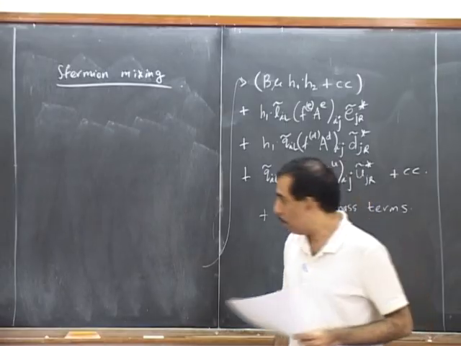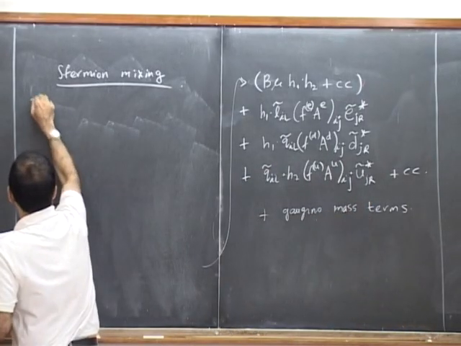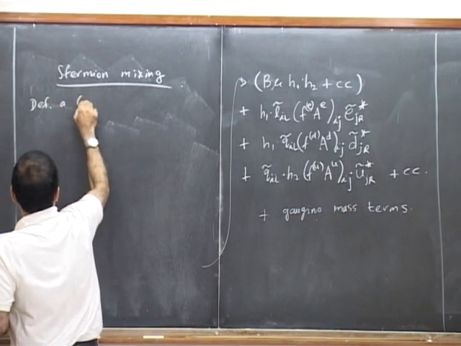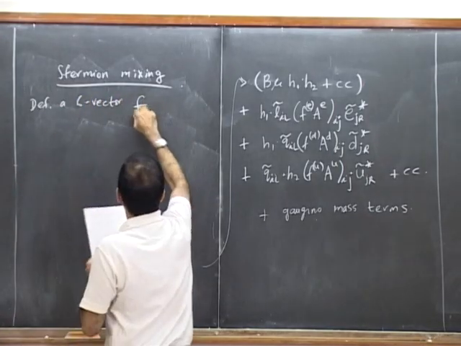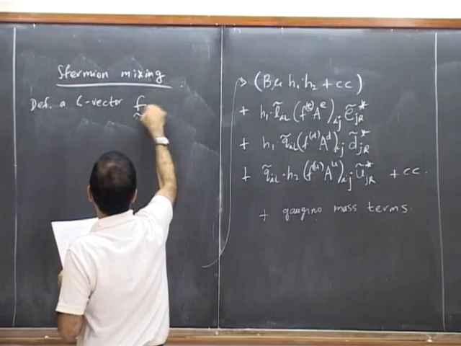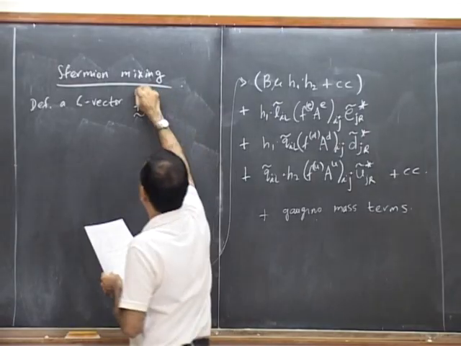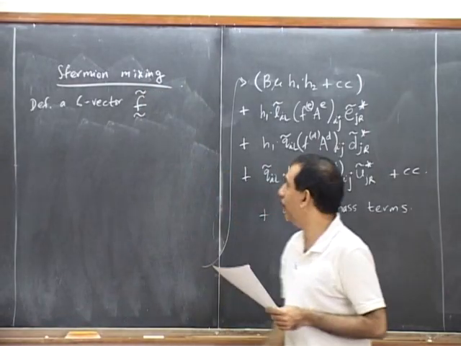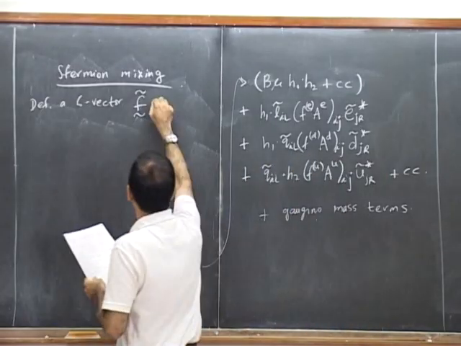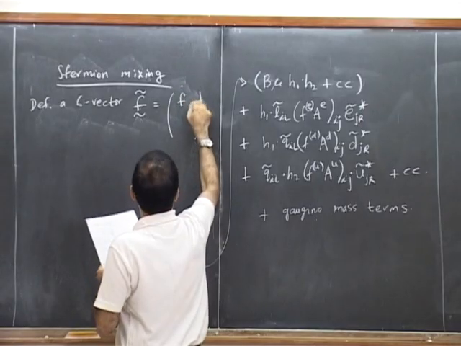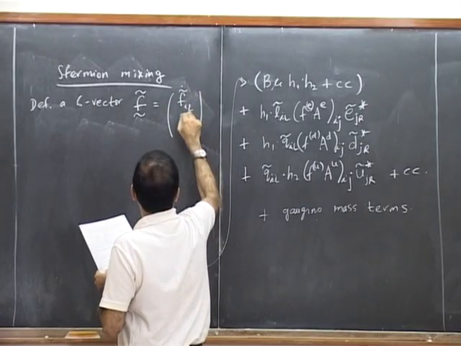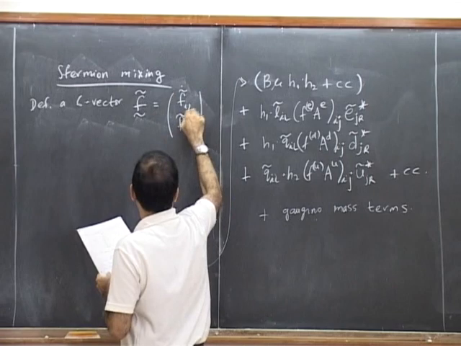Okay, so let's define a 6 vector called F. This thing makes it a 6 vector, that thing makes it a fermion. I hope you can remember all these things. It consists of three vectors, F_IL and F_IR.